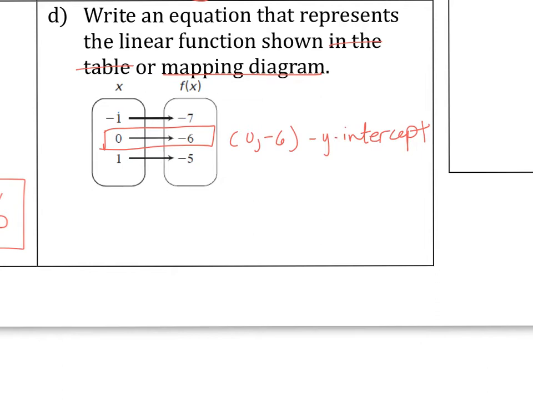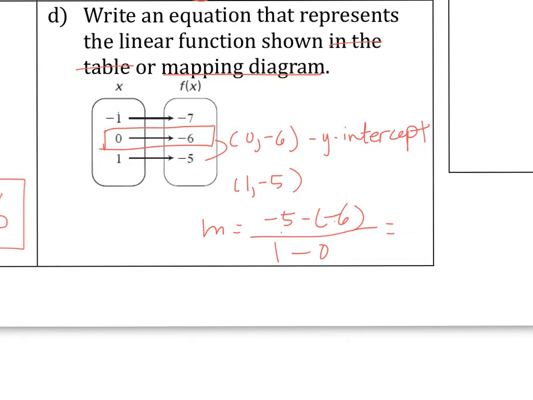So I'm just going to pick any 2 points. Maybe this: 0, negative 6 and 1, negative 5. So my slope would be negative 5 minus negative 6 over 1 minus 0.